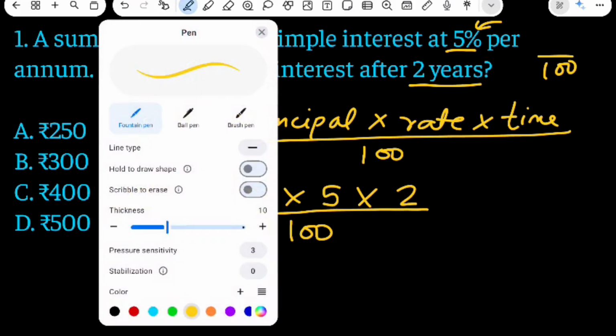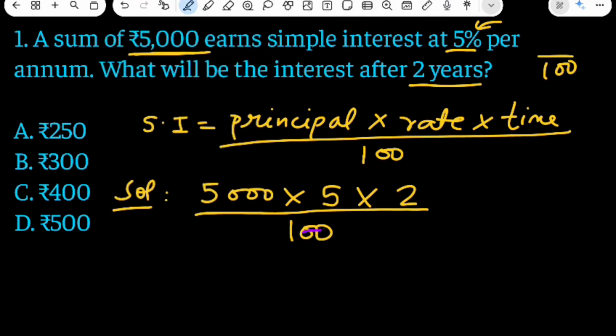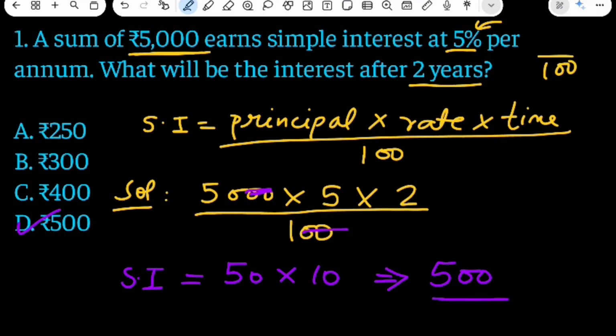Now moving ahead to solve this, the two zeros below should be cut with the two zeros above, simple mathematics, and now we have 50 multiplied by 10, which is equal to 500. This is the basic simple calculation. So among the options the correct response is option D, that is rupees 500. So the simple interest here is 500.